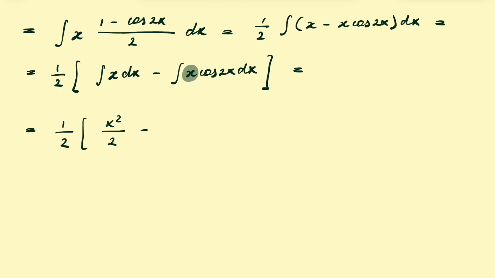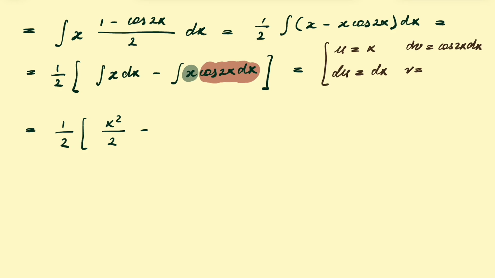We take x and cosine of 2x dx. So let me write it here. u is equal to, we take u as x, then du will be dx only, and we took dv as cosine of 2x dx, and v will be, in this case, sine of 2x over 2. Right.